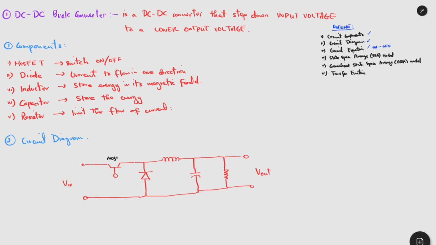This is our MOSFET, this is our diode, this is our inductor symbol, this is our capacitor, and this is our resistor, and we have the voltage output.